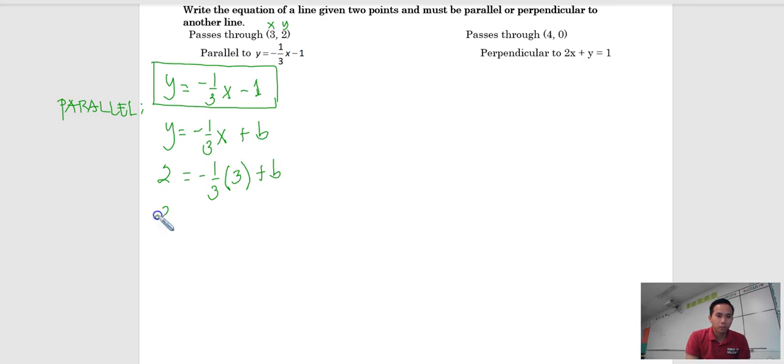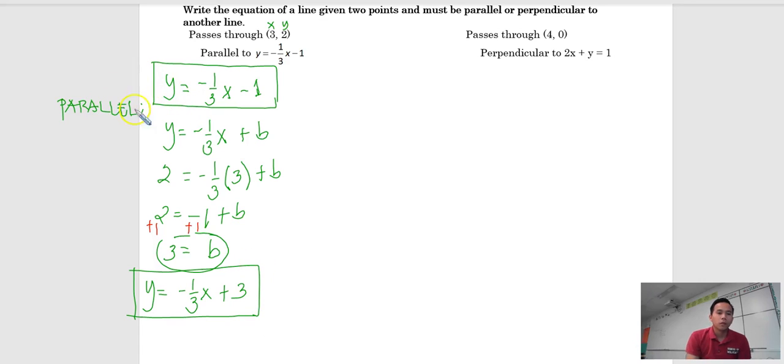And we have to solve that. So that's negative 3 over 3, or negative 1, plus b. Therefore, for b, I'm going to add 1 to both sides. So b is equal to 3. You can now write your equation as y is equal to negative 1/3 x plus 3.